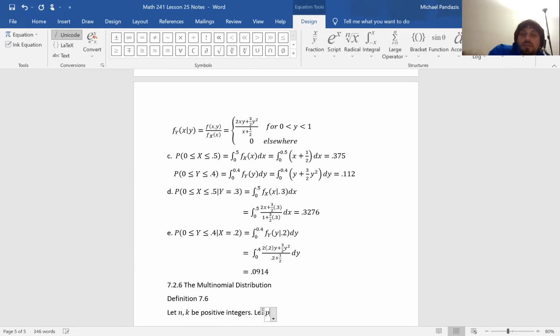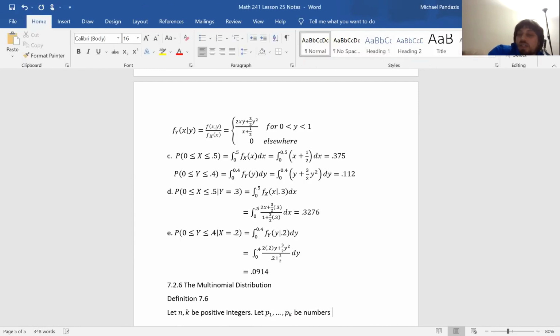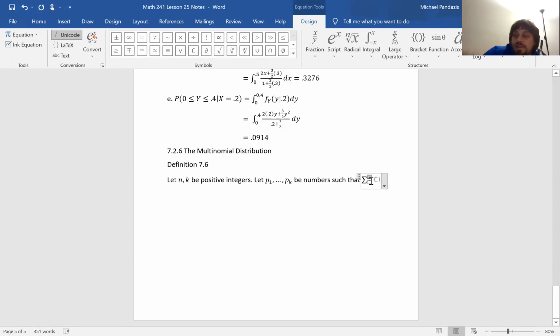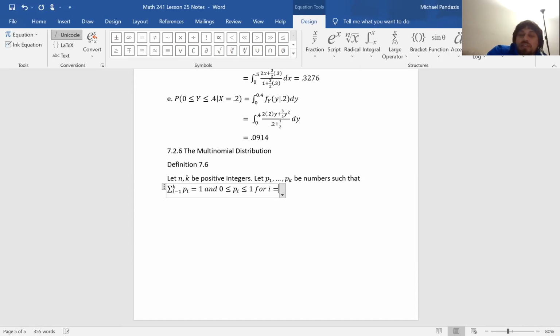Let p1 up to and including p sub k be numbers such that the sum from i equals 1 to k of p sub i is equal to 1, and each p sub i is between 0 and 1 for i from 1 to k.